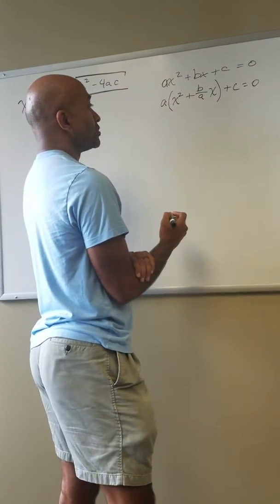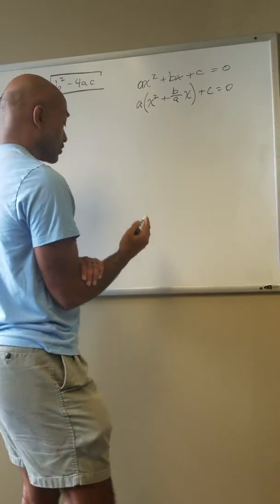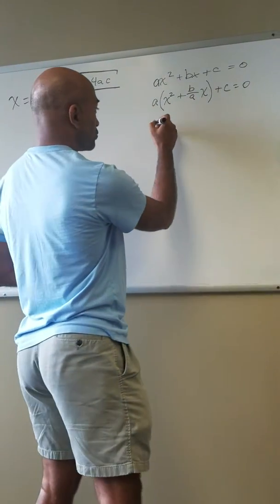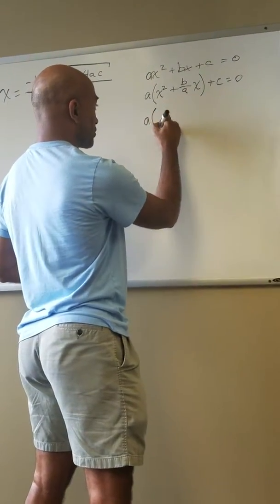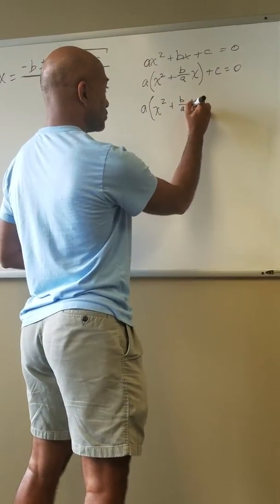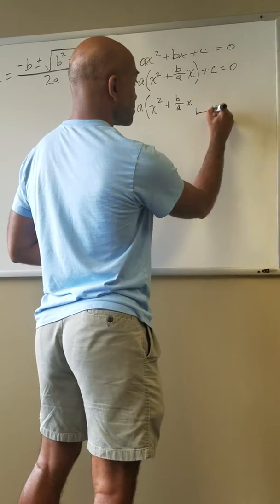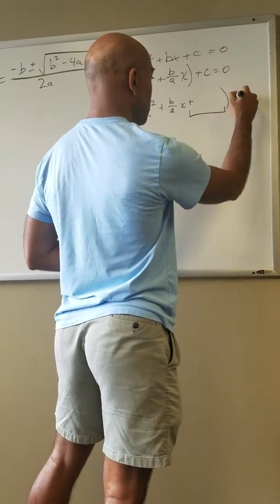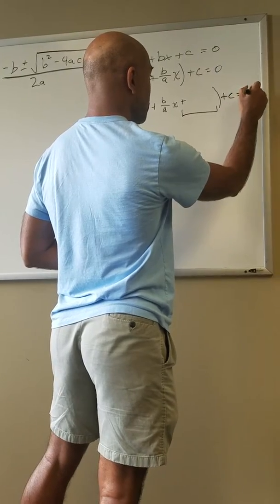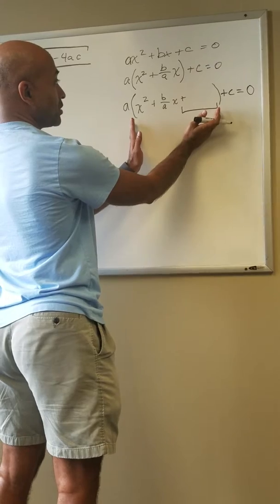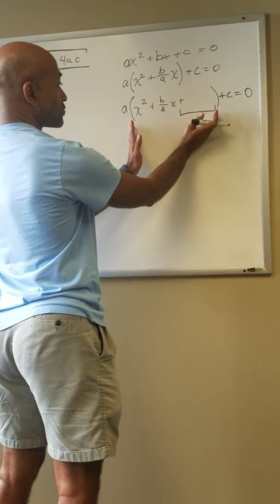Now, what we're going to do is look at what it looks like when you complete the square. So we want to add something there, a term, that allows us to make this whole thing a perfect square, okay?